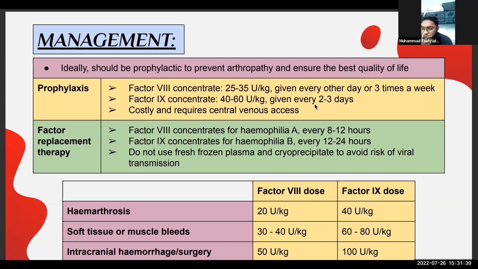The dose of factor replacement therapy depends on the severity of the bleeding.